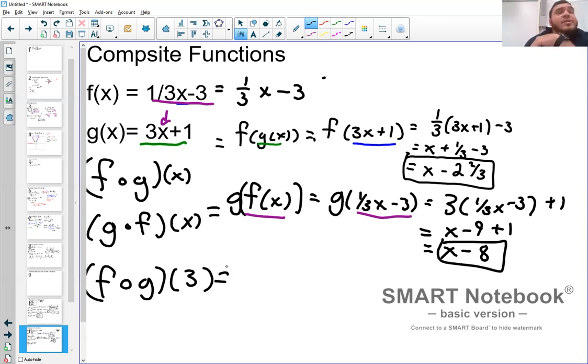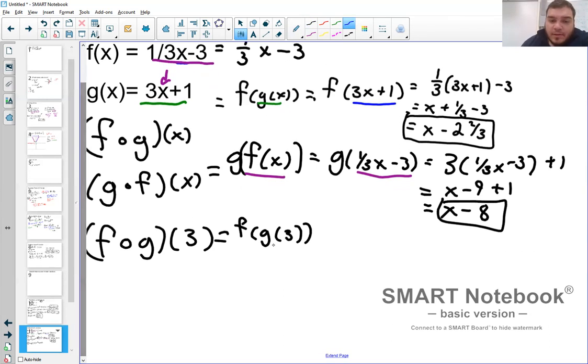All right, the next question we're going to do is f of g of 3. This is not in your textbook, but this is something I would give you. So the first thing before I even start this problem is I'm going to find what g of 3 is. How am I going to find g of 3? I'm going to plug in 3 for every x in the equation.